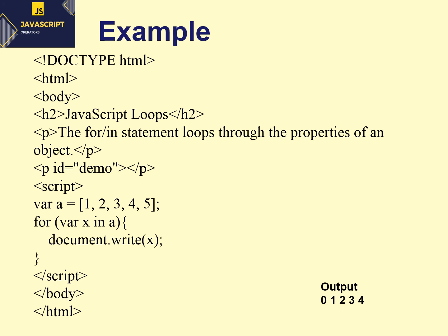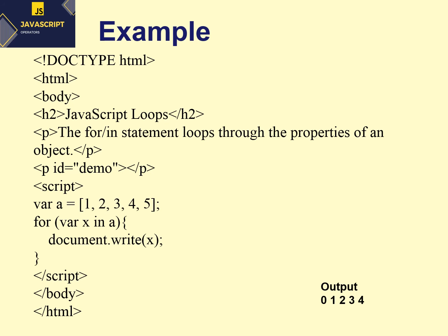The paragraph is closed. That is an example of ID style sheet application. Then comes a script tag. So whatever is present inside the page: the JavaScript loops heading, then a paragraph with the explanation, the for-in statement loops through the properties of an object. Then after that, the script will be there.